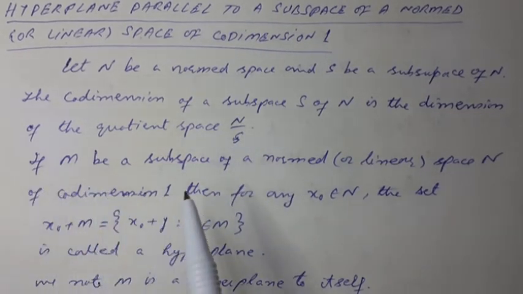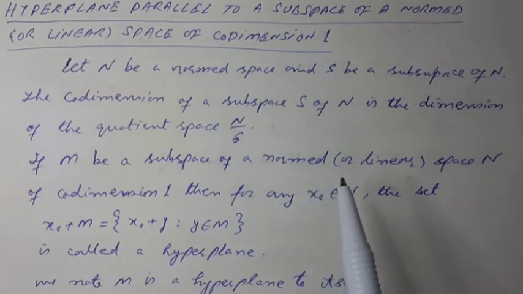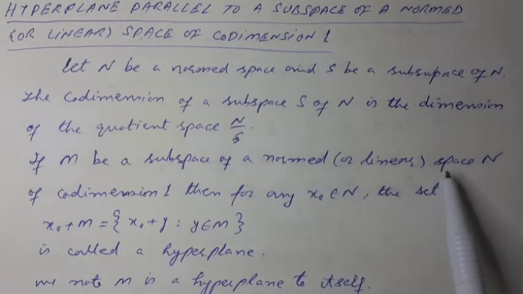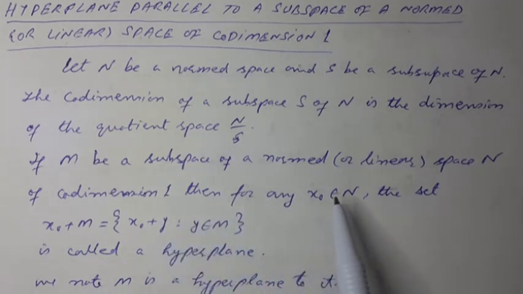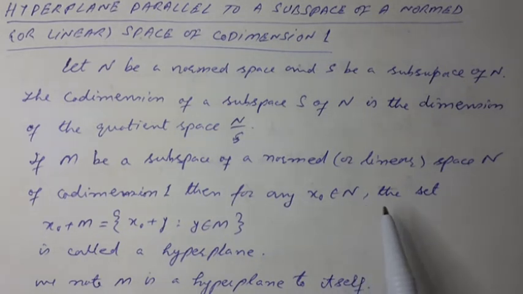If M is a subspace of a normed or linear or vector space N of codimension 1, then for any x0 of normed space N, the set x0 plus M, consisting of elements x0 plus y such that y belongs to M, is called a hyperplane.